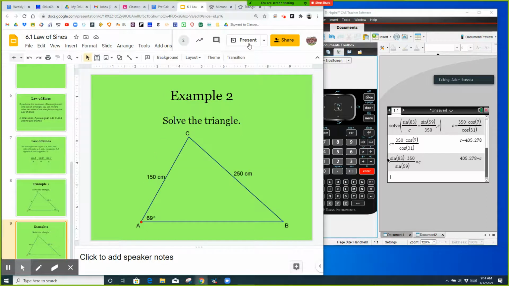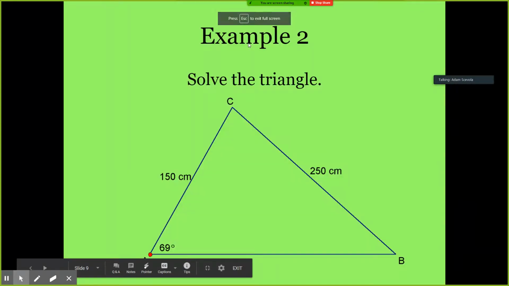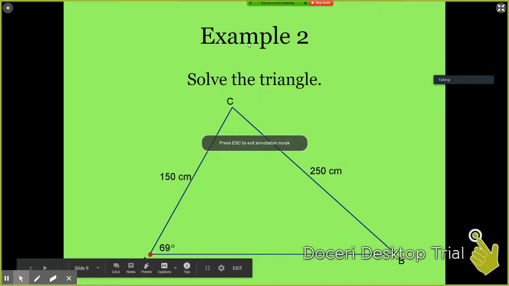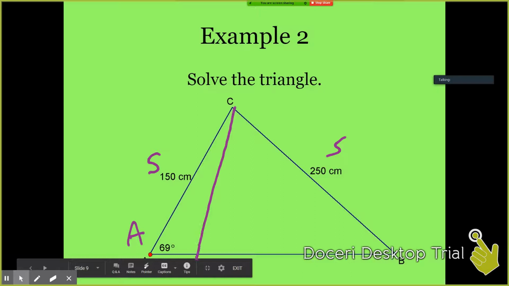All right, so one more example here. Now this is called the ambiguous case, which we're going to spend next class working on after the test. It's the ambiguous case because it's not clear, hence the word ambiguous, if you can make one triangle like this. When we have this case, ASS or SSA, maybe there's one triangle, as it looks in the picture, or possibly there are two triangles.